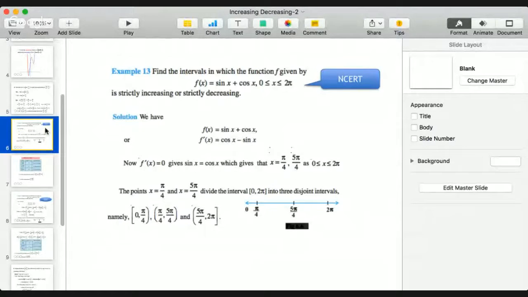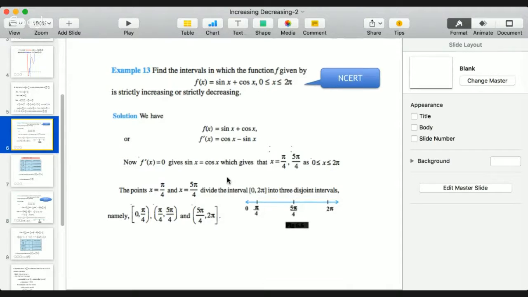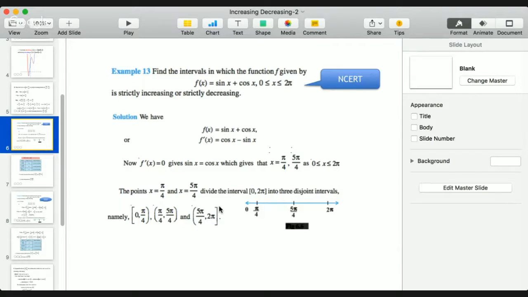The question says the function is sin x plus cos x, where x is greater than or equal to 0 and less than or equal to 2 pi. There are 2 or 3 methods by which we can do this question. The first one is we differentiate the function, get cos x minus sin x, and then, to obtain the turning points of the original function, or basically the intervals in which the domain gets divided, we equate it to 0.